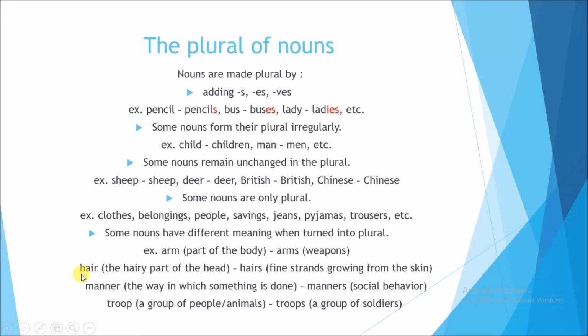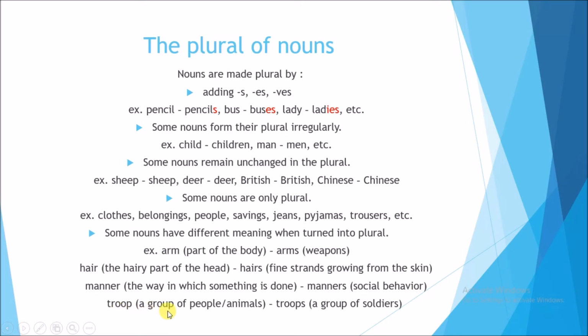Then we have another example, hair, the hairy part of the head, and if we add s, hairs, then we are talking about fine strands growing from the skin.